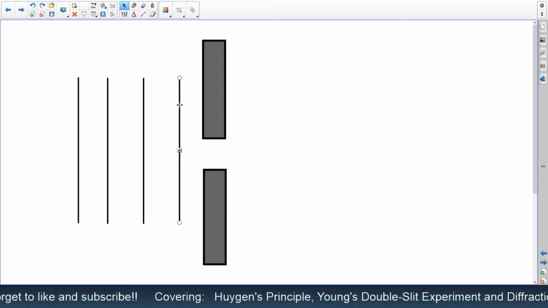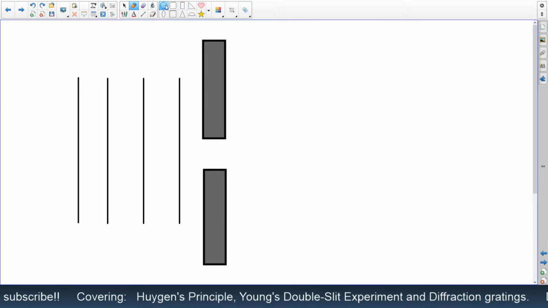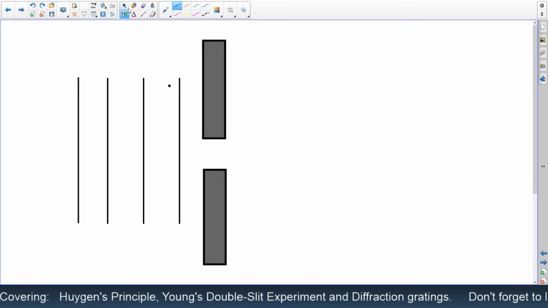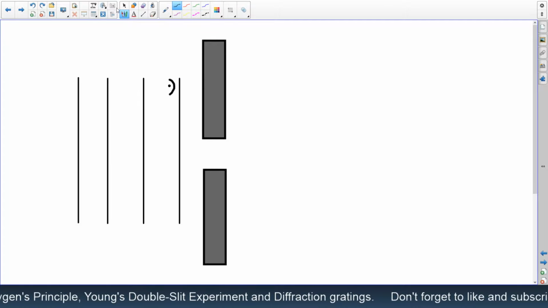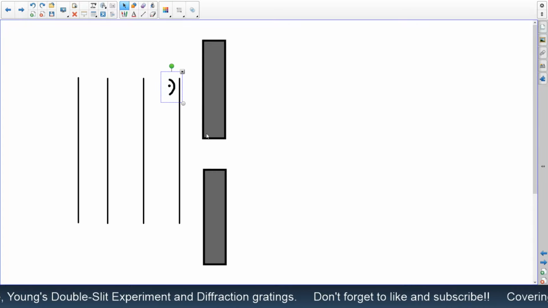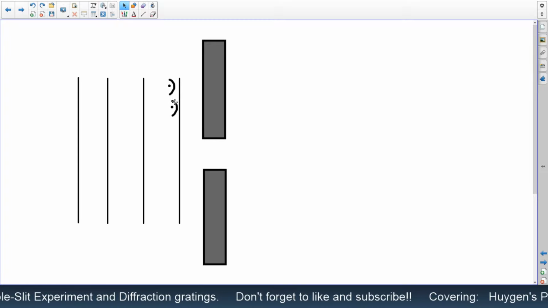Now the reason I'm getting perfectly straight waterways is because I have all of these tiny, tiny, tiny little Huygens Principle arcs. So let's draw a few in here. So let's get a little dot there with a little arc over the top of it. It's not great, but it'll have to do. And then let's clone them out a bit. So put one there.